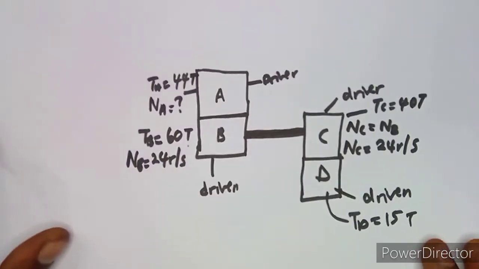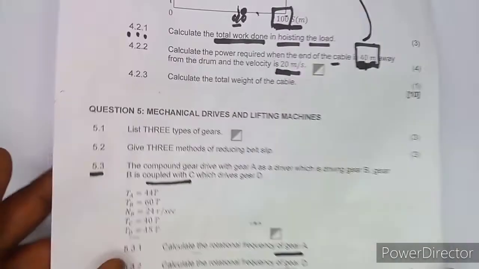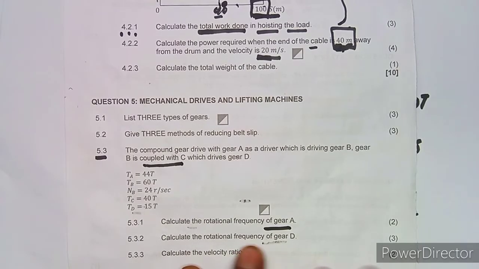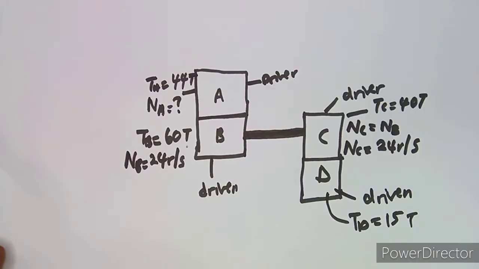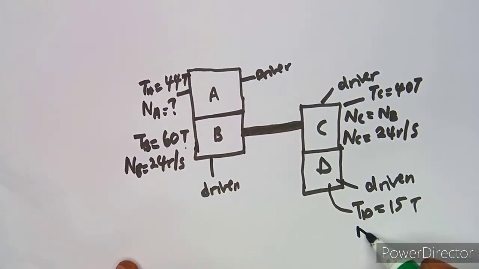So let's see another part that we are given. Actually these questions just repeat the same thing. So let's see what we had on the other part. We also need to calculate the rotational frequency of gear D. Most of us are going to get confused here because, take note, we need ND.